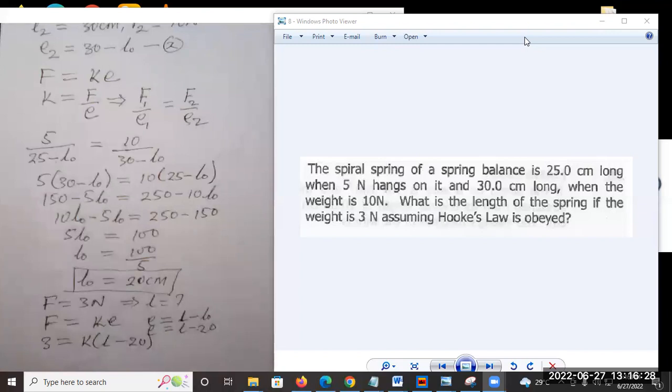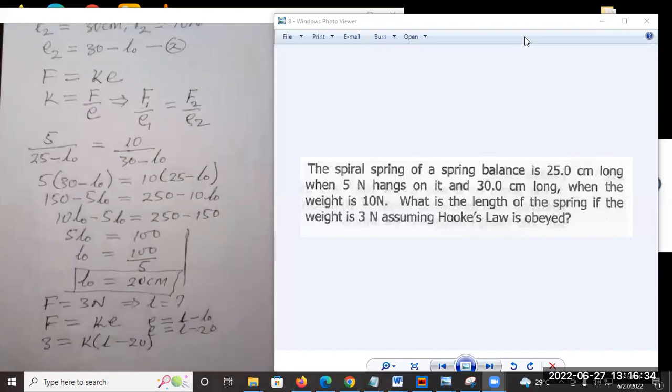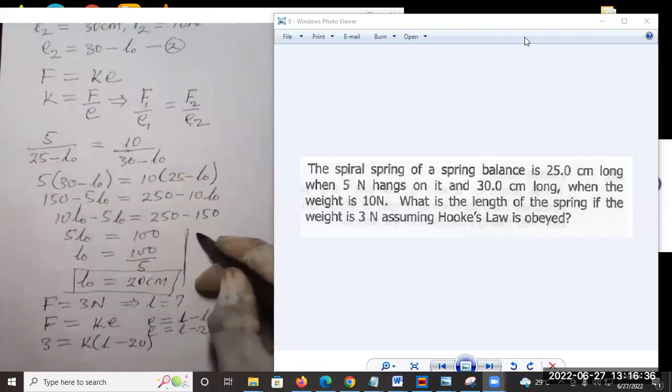We can get K from one of the expressions we have solved.